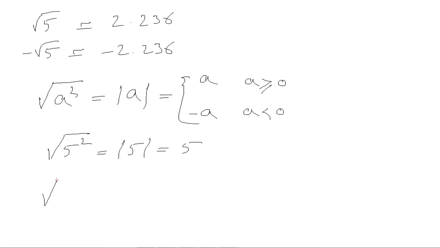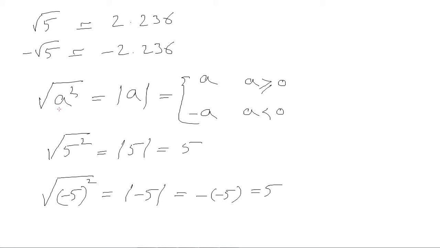But radical negative 5 squared is the absolute value of negative 5, and since negative 5 is a negative number, the absolute value of negative 5 is negative of negative 5, which is again 5.